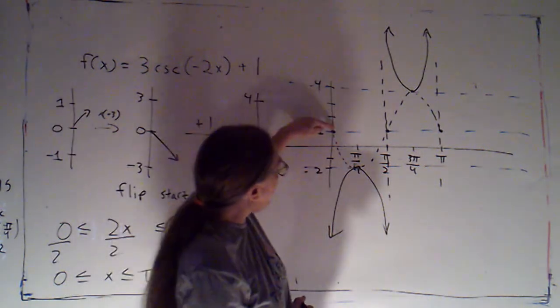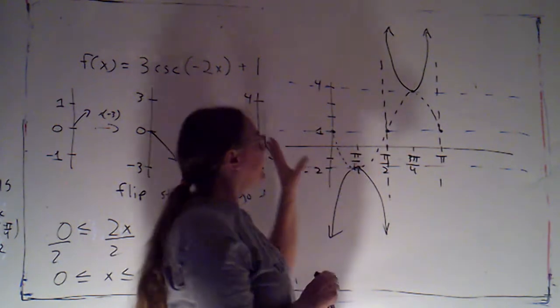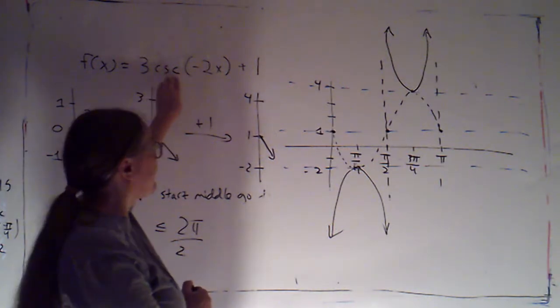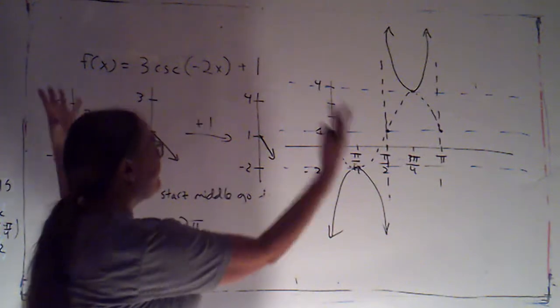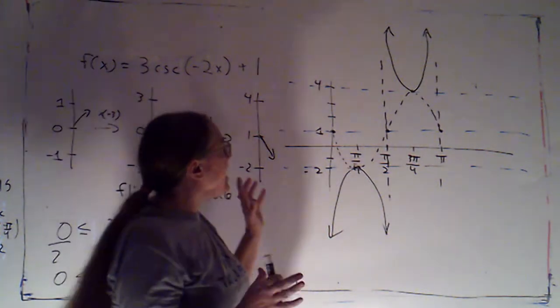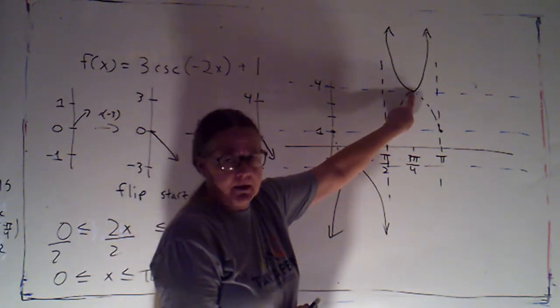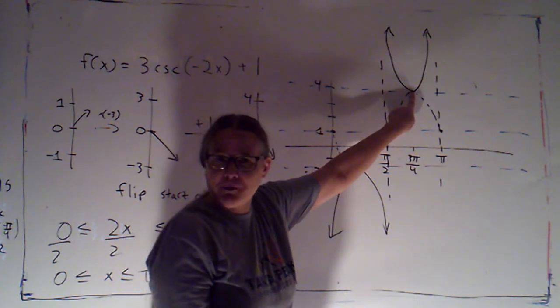Here, I'm not taking the reciprocal of this graph, because the reciprocal part is in the cosecant. I'm taking the reciprocal of sine of -2x, but I'm doing that before I do the multiplication by 3 and the adding 1. So I'm not taking the reciprocal of 4. And if I were, I'd be doing it pretty badly, because the reciprocal of 4 is not 4. It would be 1/4. Okay?